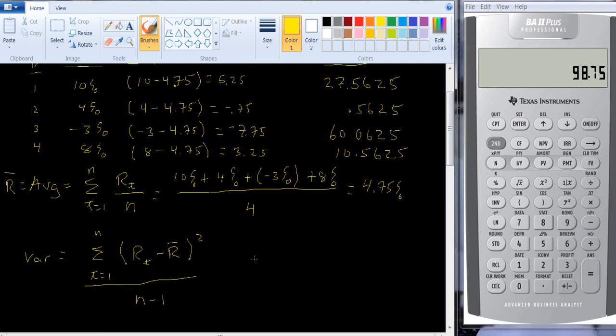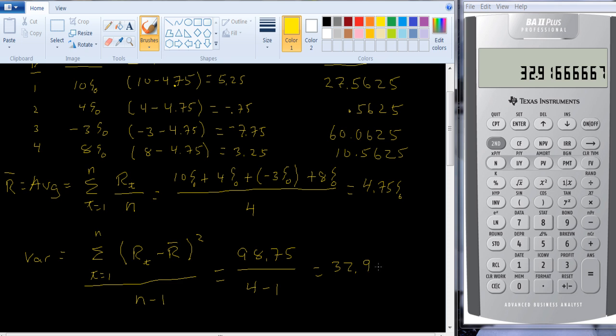Now this is the squared deviation, so let me put that in here. So this is going to be 98.75, and we're going to divide it by 4 minus 1, or 3. So we divide it by 3, and we get 32.99.